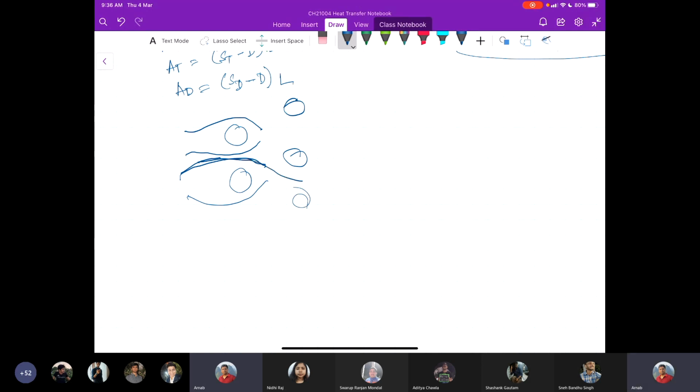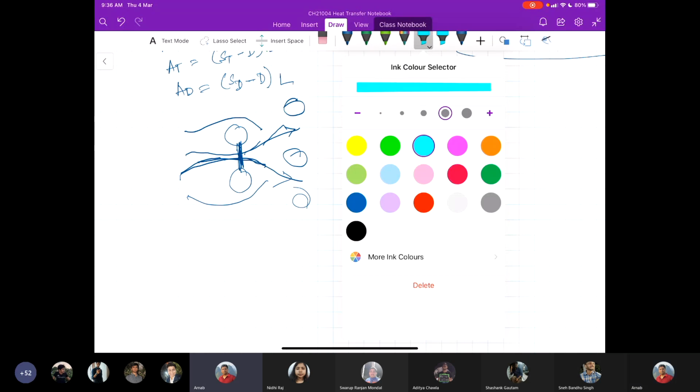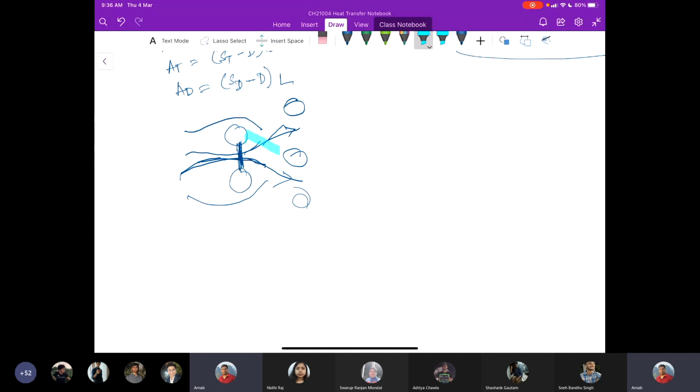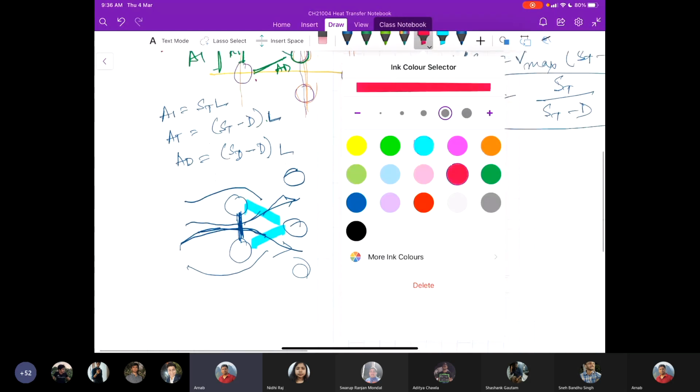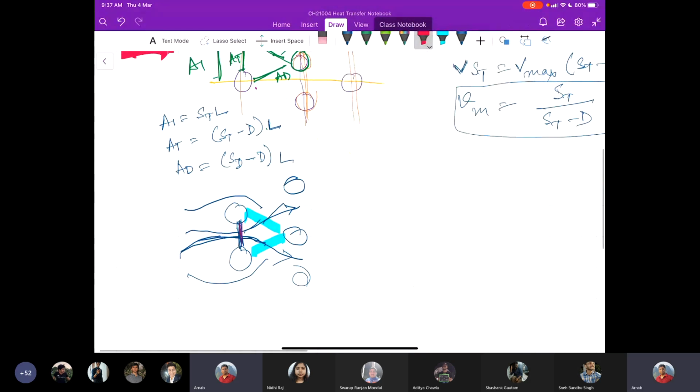So the flow can then go in this direction. This is the AT, and this is the distance, that is AD. And this is your AT, the red one.